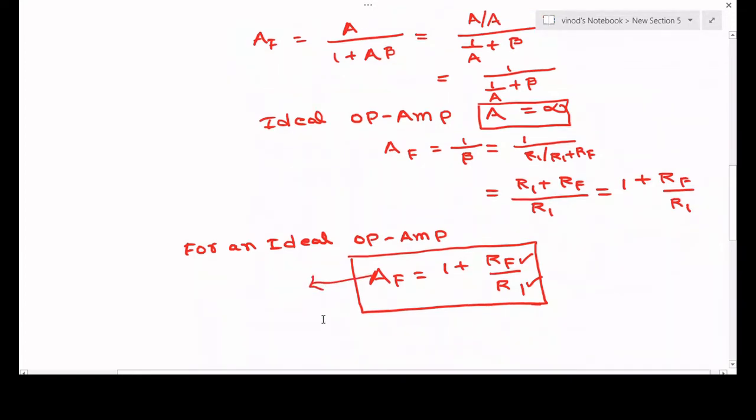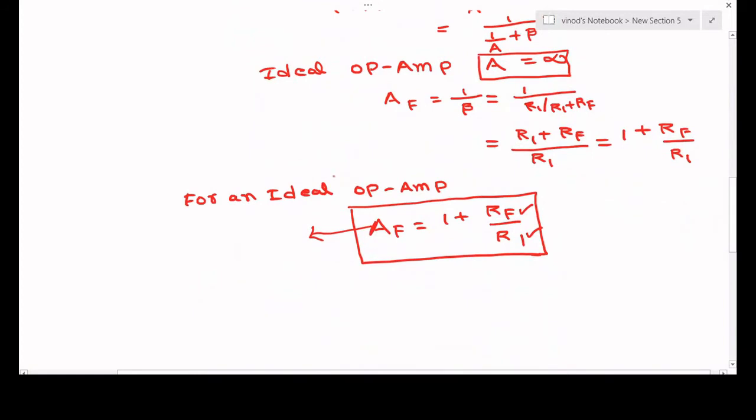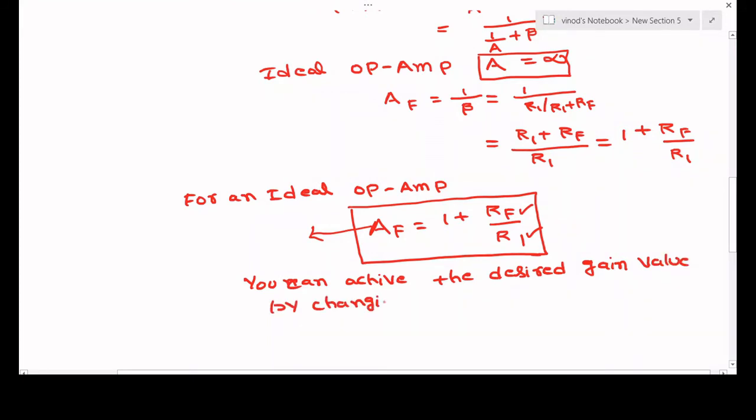So the advantage of considering an ideal op amp is that you can achieve the desired gain value by changing the resistor values, by changing the R1 and RF values. By changing the RF and R1 values, you can achieve any gain.